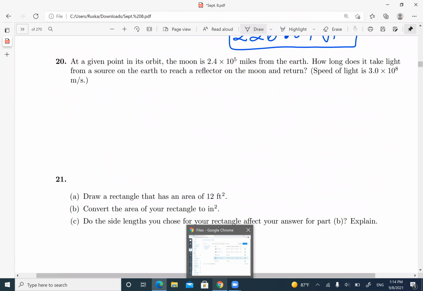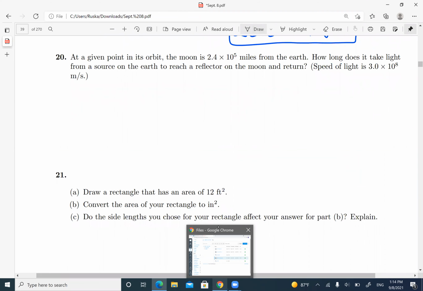Okay. So here we have the next one, 20. At a given point in its orbit, the moon is 2.4 times 10 to the 5 exponent miles from the Earth. So how long does it take light from a source on the Earth to reach a reflector on the moon and return?